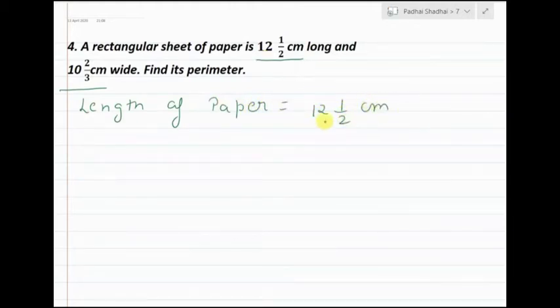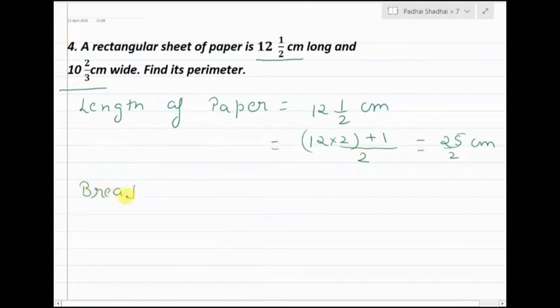So converting it into improper fraction, that is 12 2s are 24 plus 1, 25. Remember it, multiply by denominator and add to the numerator, that is 12 2s are 24 plus 1, by the denominator, that is itself 2. So it is 24 plus 1, that is 25 by 2 centimeters. Same way, breadth of the paper or width of paper, both are same.